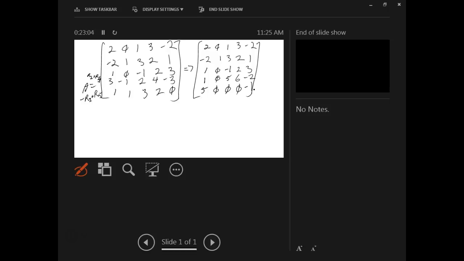All right. So not only did we zero out all but one entry in one column, we also wound up zeroing out 3 entries in one row.